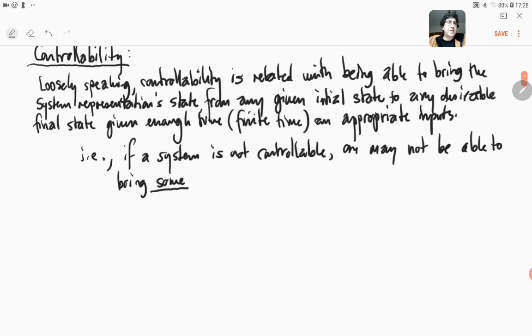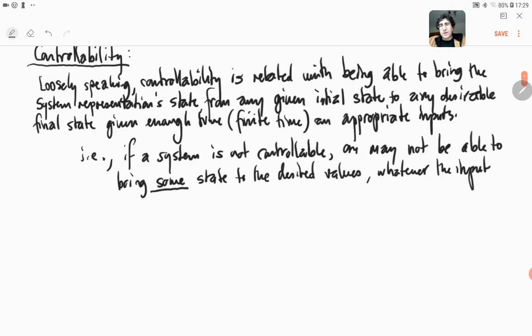You may be able to bring some states to their desired values, but some other states you will not be able to. Some states to the desired values, whatever the inputs, and given any amount of finite time.